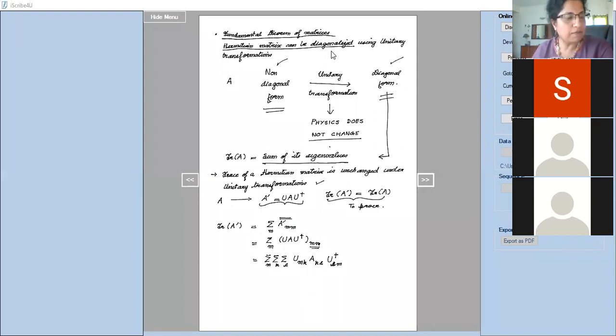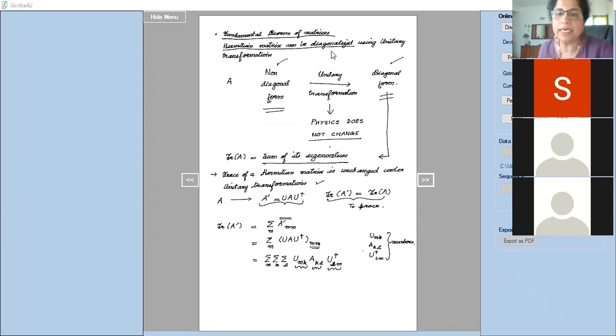Now let's go further. Please remember, these are just numbers. They are elements of a matrix, and numbers always commute. So you can rearrange them any which way you like.